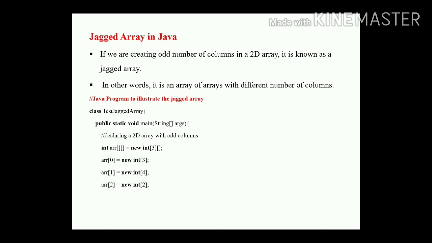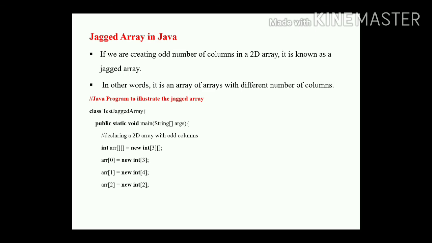But here the odd numbers we are going to print are known as a jagged array. In other words, it is an array of arrays with a different number of columns. Jagged array means array of arrays with a different number of columns.